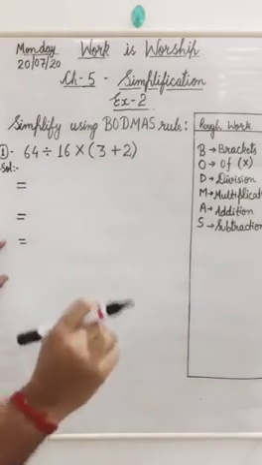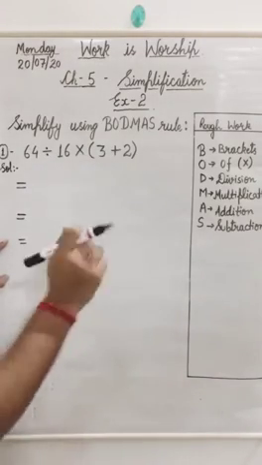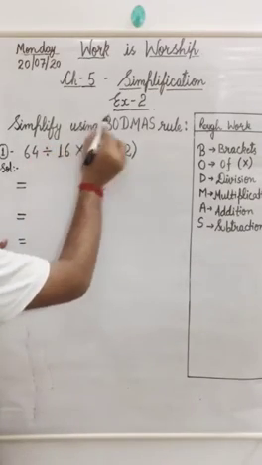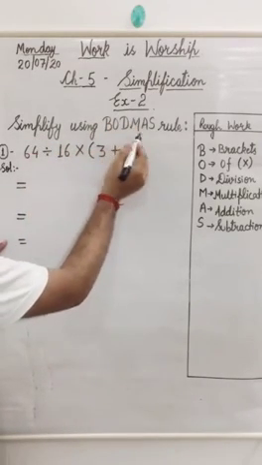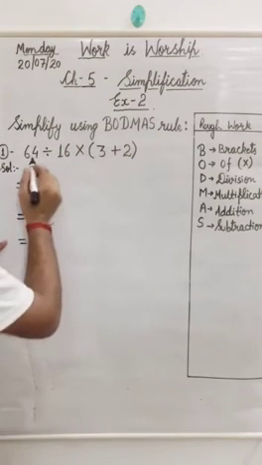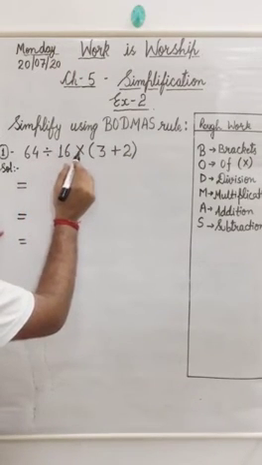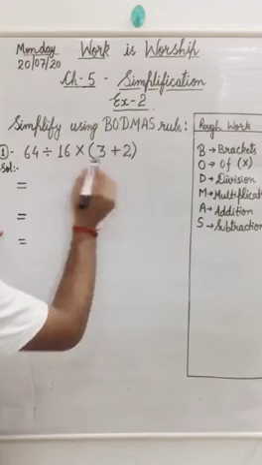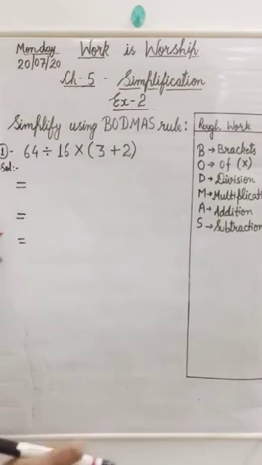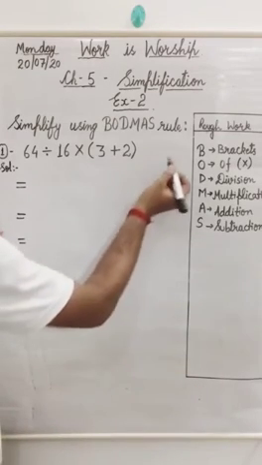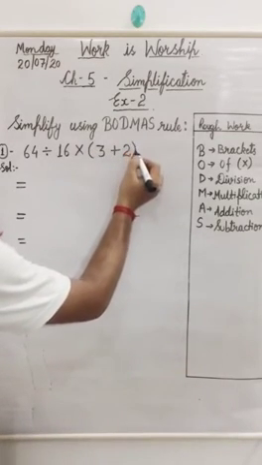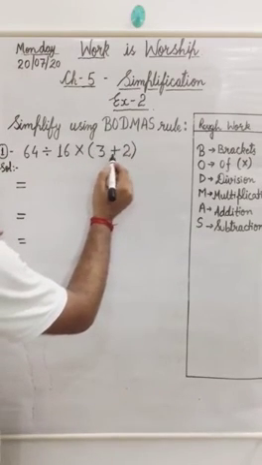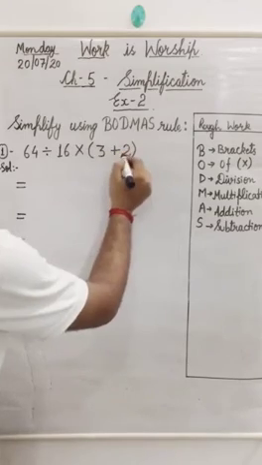Okay, students. Let us solve some questions from the exercise to understand the concept of BODMAS rule more effectively. And here we have a question from exercise 2. Simplify using BODMAS rule. And we have to simplify 64 divided by 16 multiplied by round bracket start 3 plus 2 round bracket close. So according to the rule, firstly we will solve the operation inside the bracket. Here we have a round bracket, and 3 plus 2 is the operation inside the round bracket.